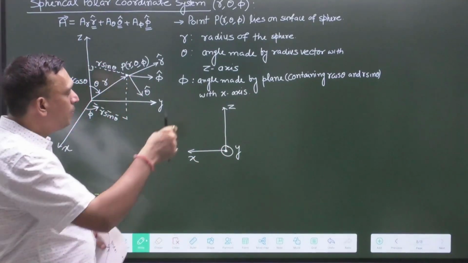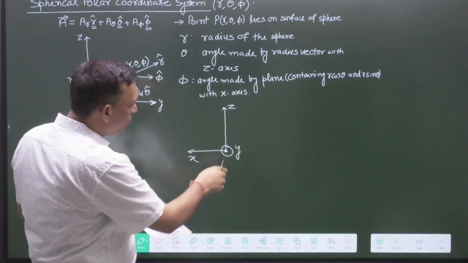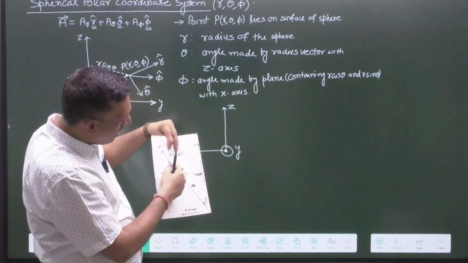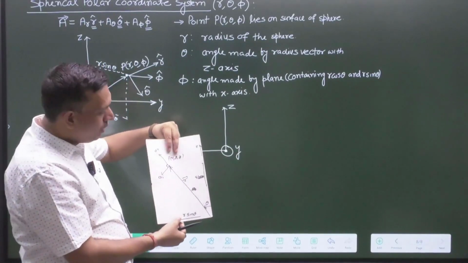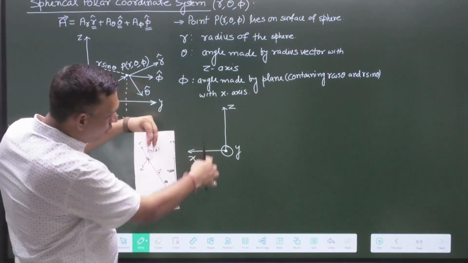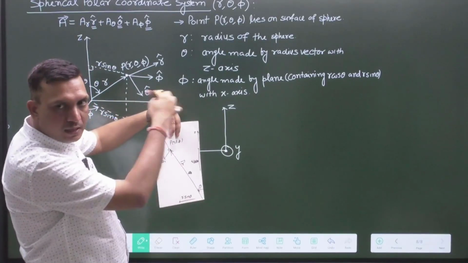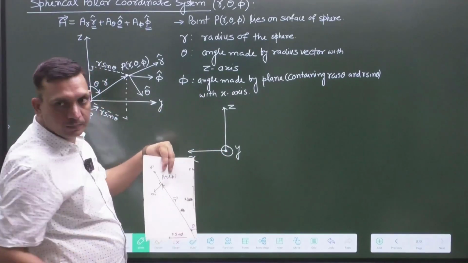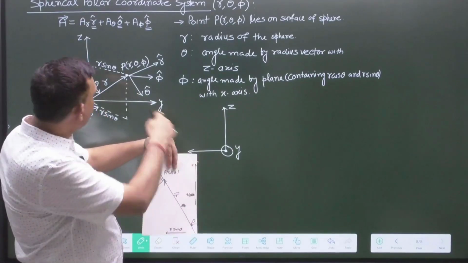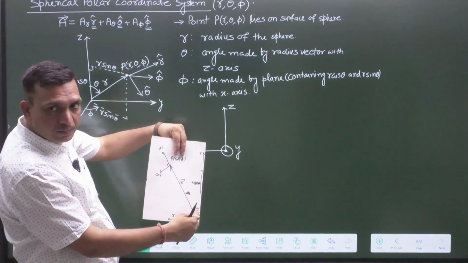If you have any point P, this point is the origin, and the coordinates of point P are r, theta, phi. From the origin to point P, connect with radius r and draw a sphere of radius r with center at the origin. This radius vector makes an angle theta with z axis.